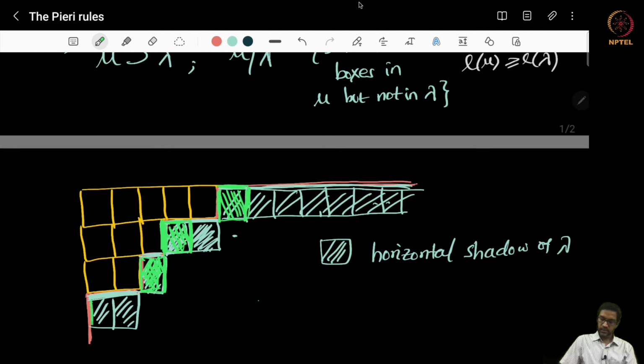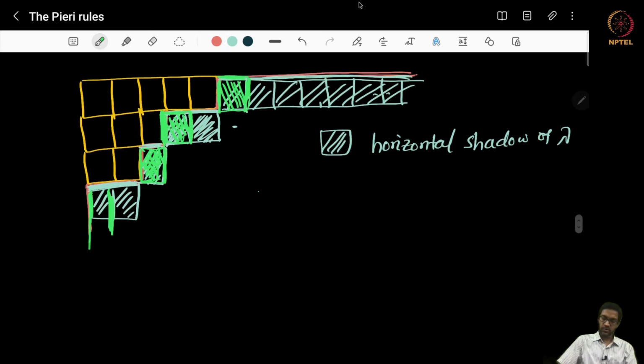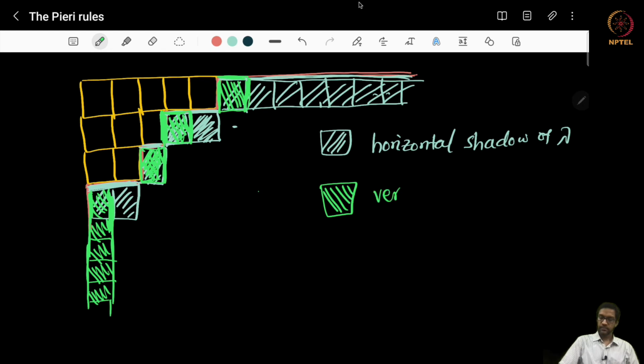Now just like that earlier one was semi-infinite on the first row, this is semi-infinite on the first column. Okay, so that's the vertical shadow of this original shape lambda. And some cells of course belong to both.